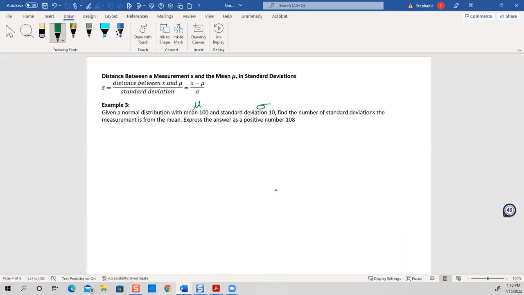So we're going to answer as a positive number, and this is my x. So let's plug it in. I got 108 minus 100 divided by 10, which gives me 8 divided by 10, which is 0.8. So that is the answer.